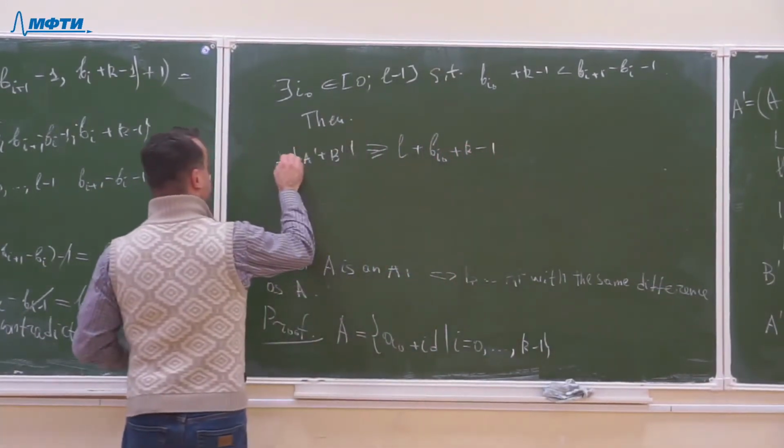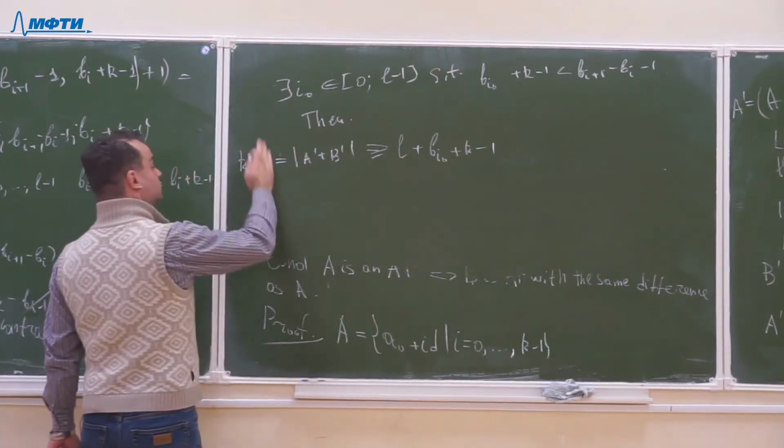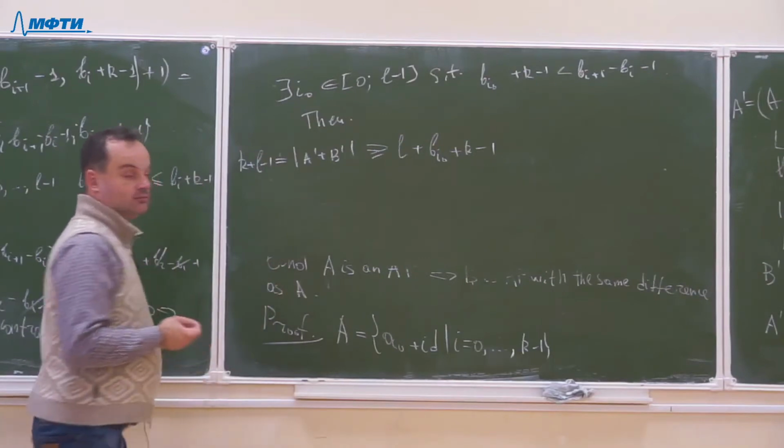But this A prime plus B prime is k plus L minus 1, right?